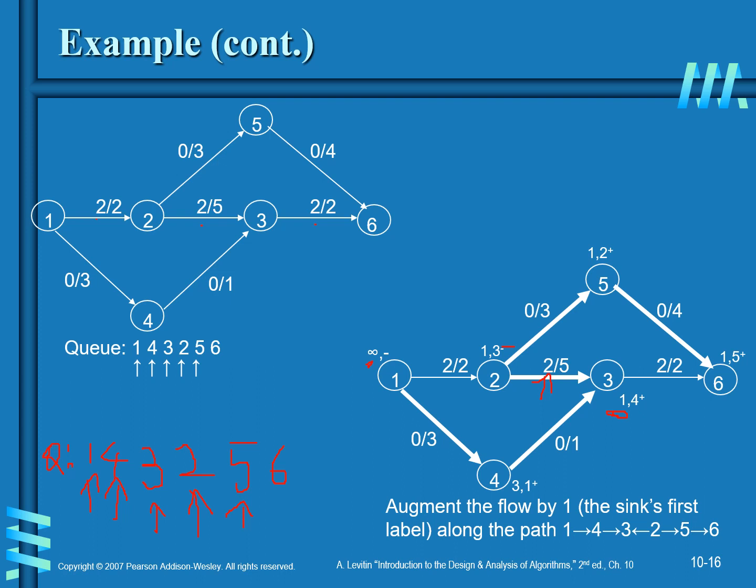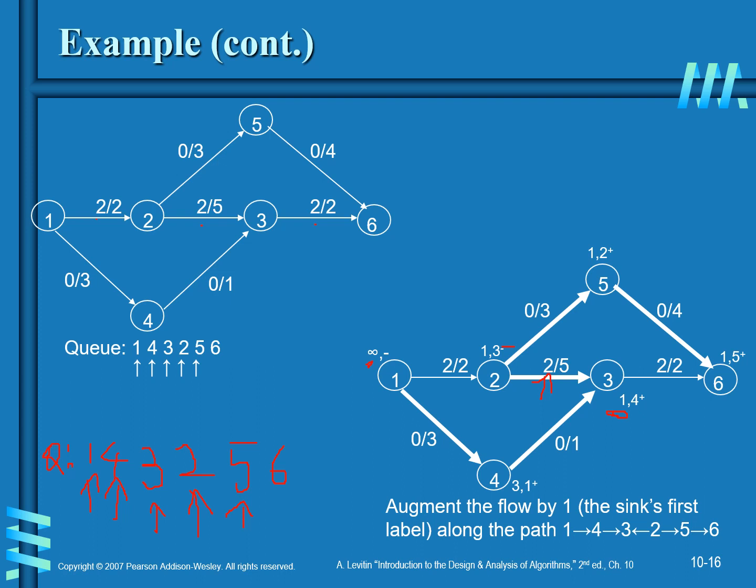Listen carefully. In order to adjust the flow, first you have to look at the sink. The flow to be adjusted on that augmenting path is 1, because 1 is the sink's first label. Always, whatever value is given in the sink's first label, that many units have to be increased or decreased. How to find this augmenting path?